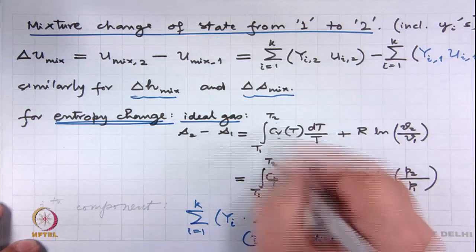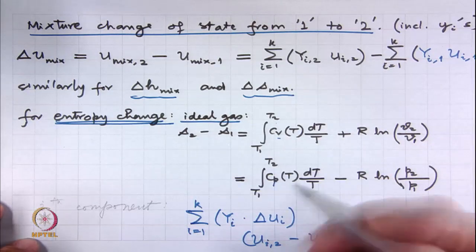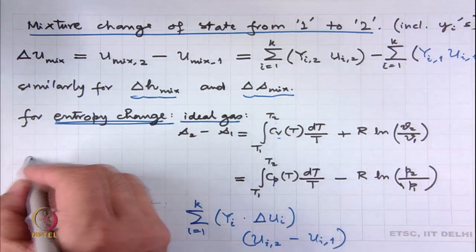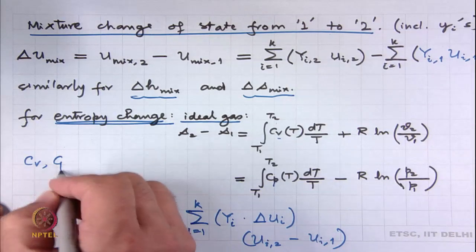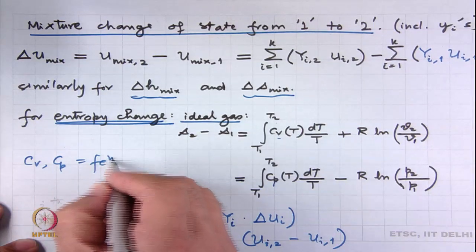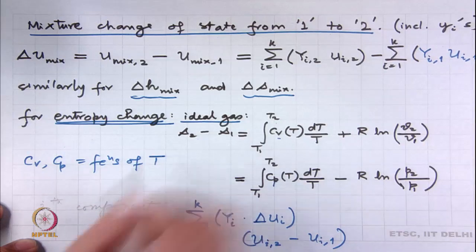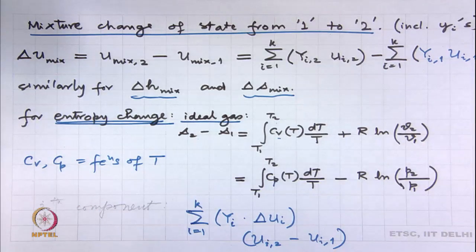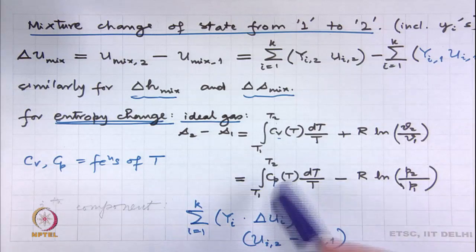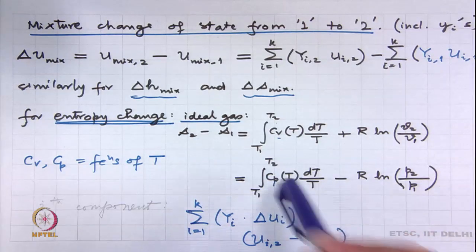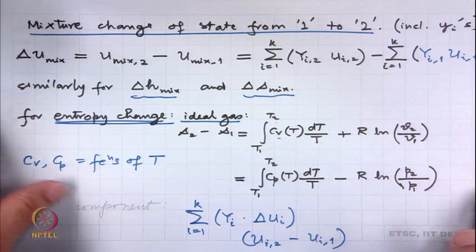So what we are saying here basically in both these relations, as we learnt in the first course, is that Cv and Cp are functions of temperature. We did not assume constant specific heats.